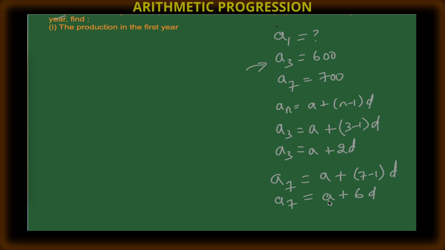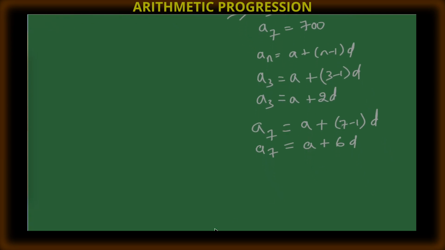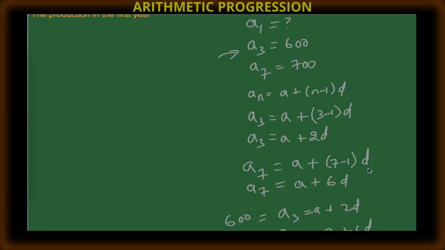So we can solve these and get the value of the unknown values. How do I do this? What is a3? a3 is nothing but a plus 2d, and a3 can be replaced by 600. And we have a7, a plus 6d, and we know a7 is 700, as per the given.